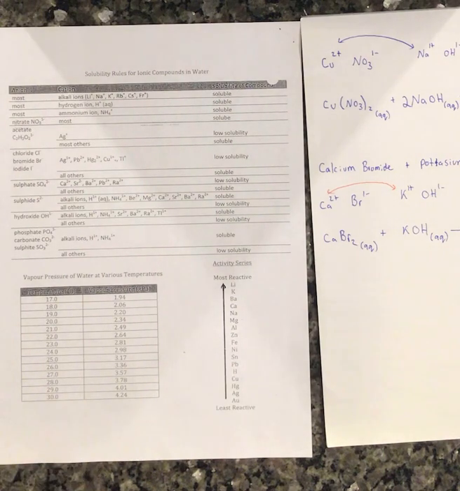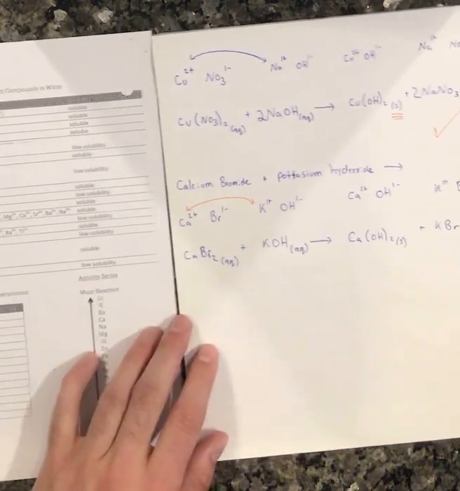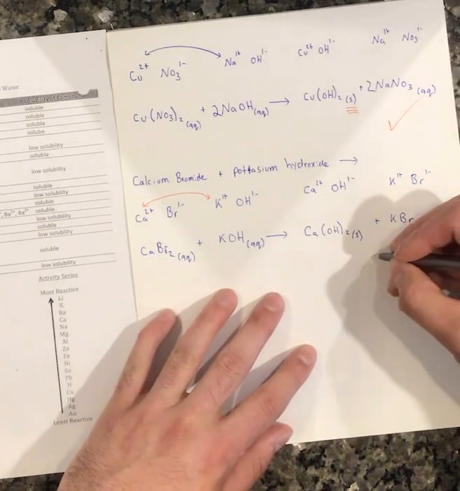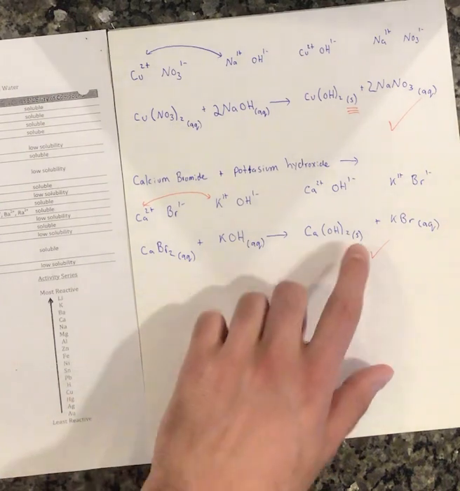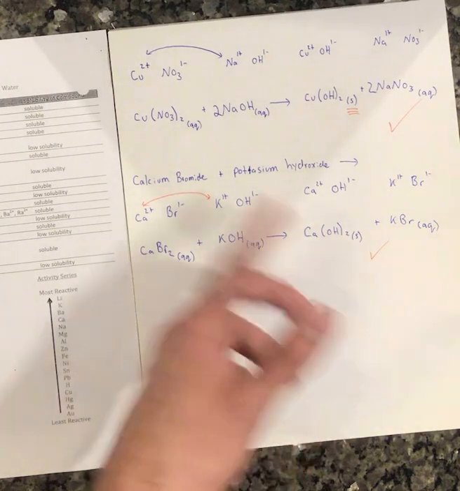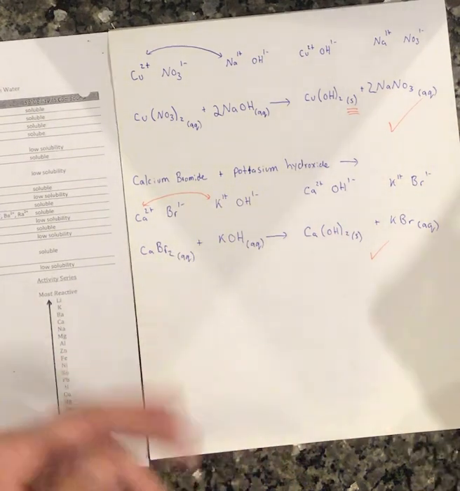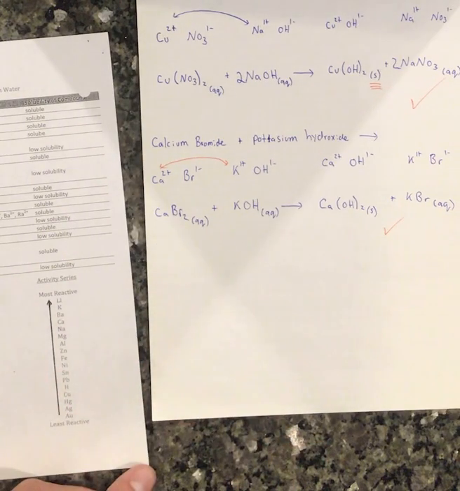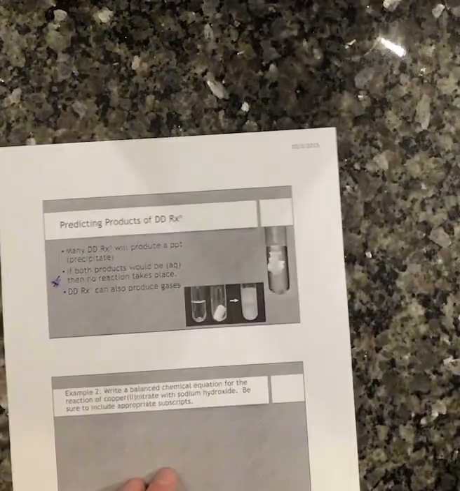Now, because I have a solid, is this reaction going to take place? Yes, it is. And that's what we would have there. Once again, you would have to balance your equation in order to get full marks, but I'm not going to go through that balancing because that's what we would have had. Those are some examples.